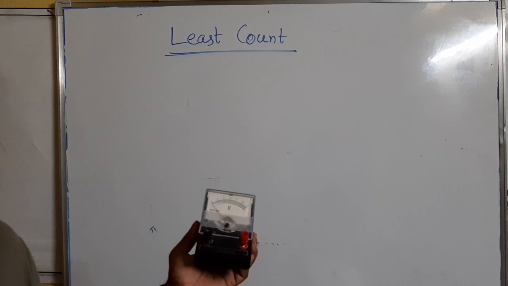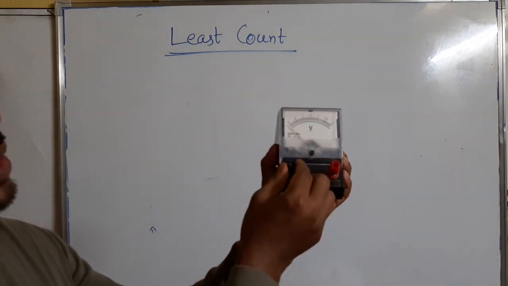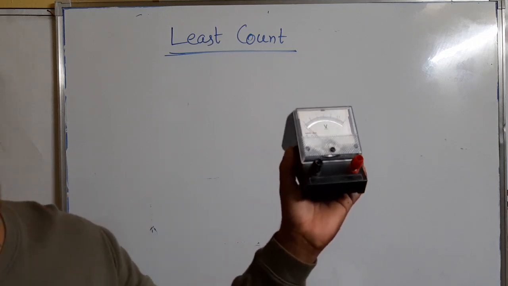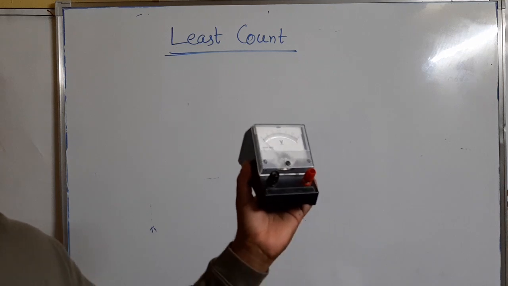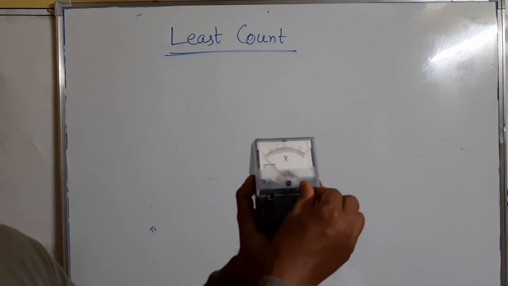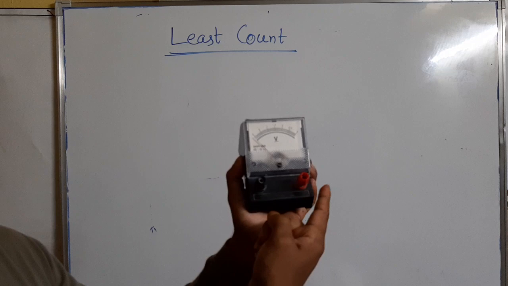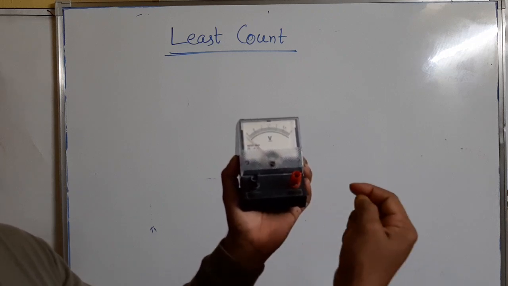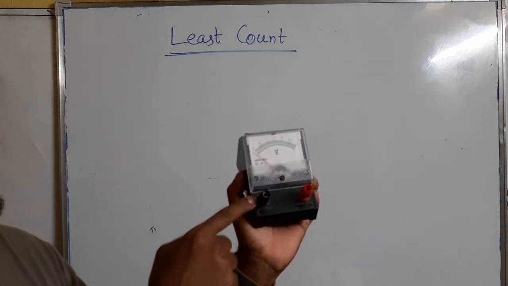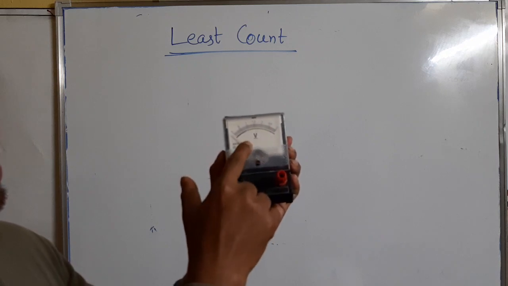Voltmeter has two terminals, one red and one black. The red always represents positive, whereas black is negative. You have to join the positive end to this and the negative end to this end, then it will work.